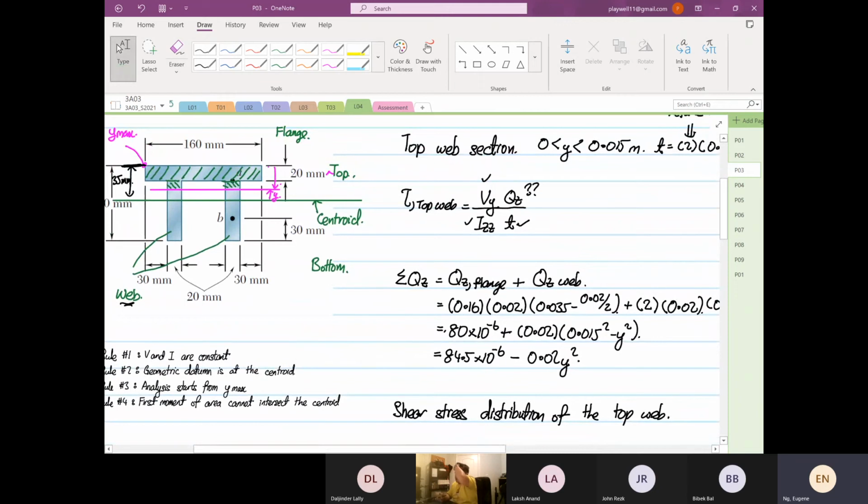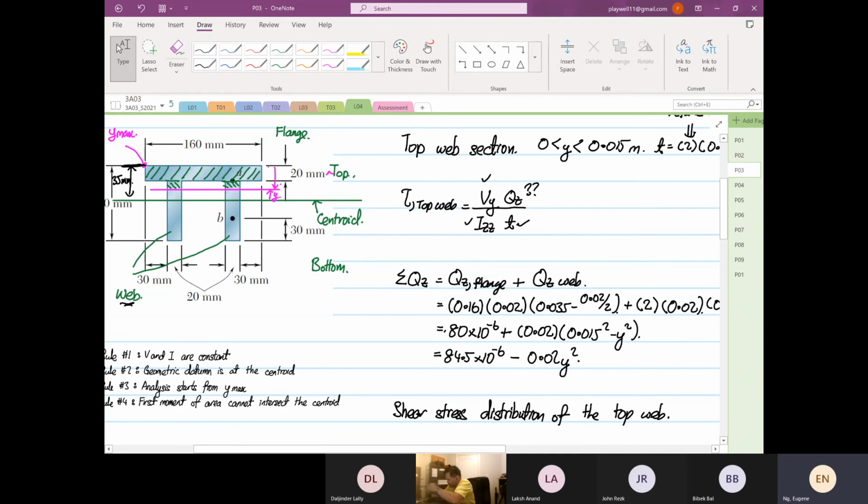Like the example that we did earlier, whether you calculate the stresses at the centroid from the top or from the bottom, your QZ has to be the same, because V and I and T are the same whether you take from the top of the web or the bottom of the web, right? Remember I told you guys that, right?